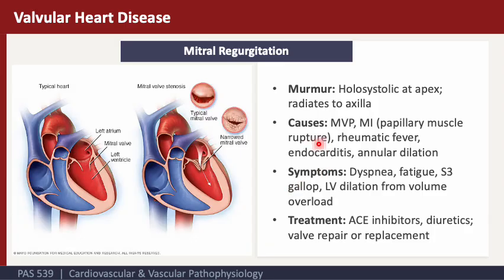Patients will present with a holosystolic murmur at the apex that radiates to the axilla. Symptoms include dyspnea, fatigue, S3 gallop, left ventricular dilation from volume overload. Treatment includes an ACE inhibitor, diuretics, and valve repair or replacement.